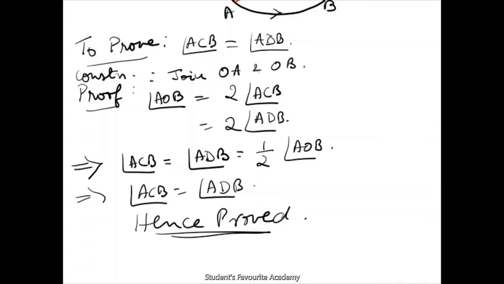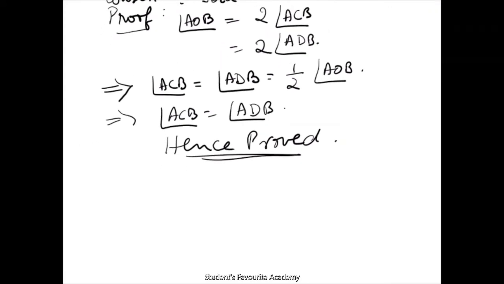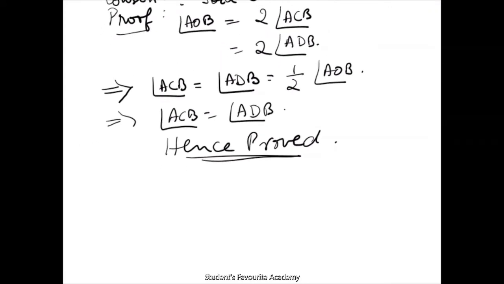The next theorem that I will be doing is again important in usage also, and in case of asking the proof also. It has been already asked, I think twice till now from 2015. The proof of this theorem has been asked, and this theorem is extensively used.